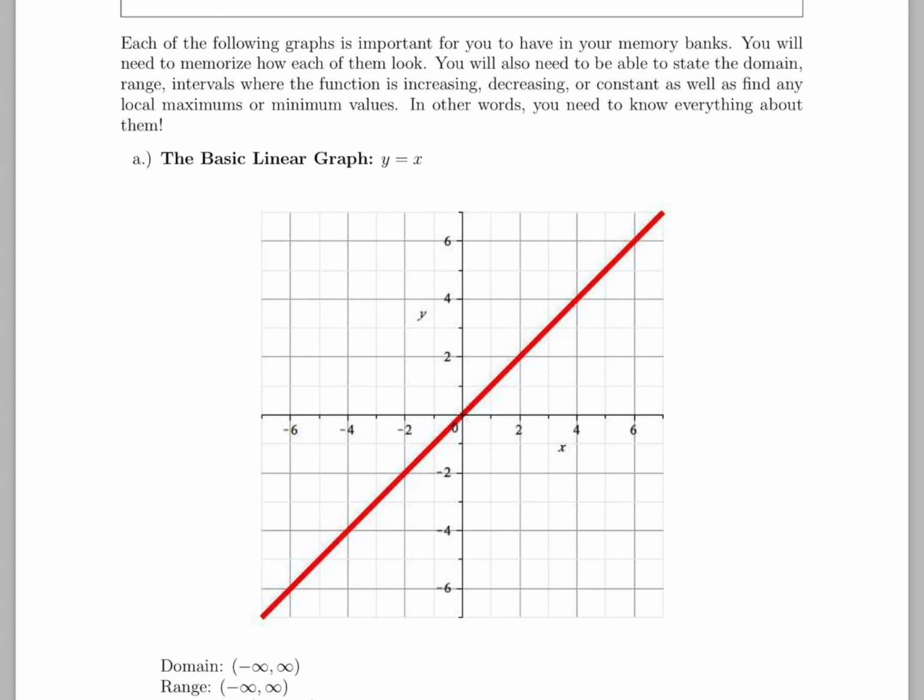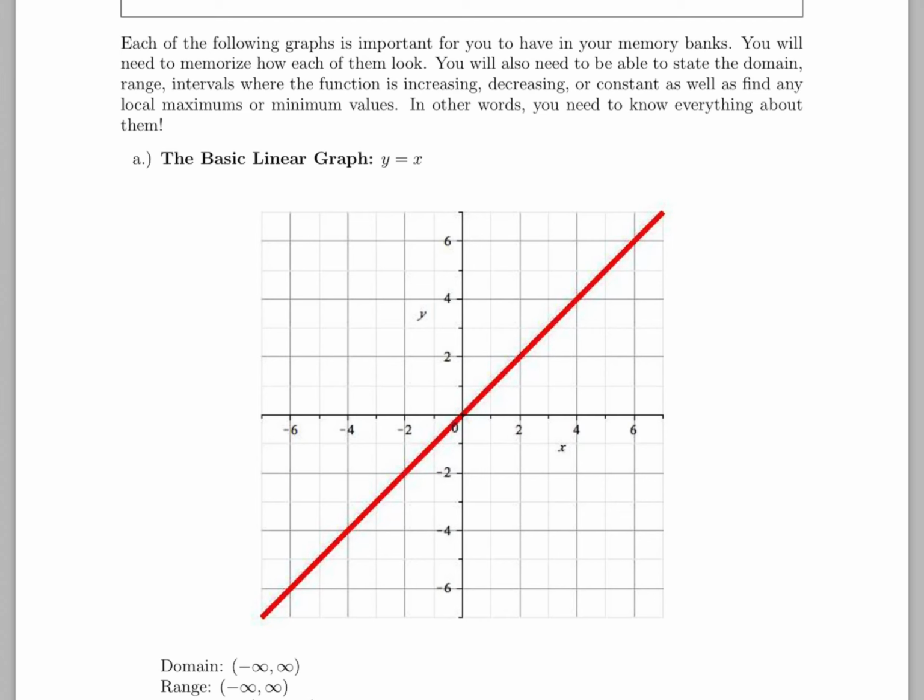So our domain we see here is negative infinity to infinity. Our range would be all of the function values that we get whenever we plug in an x value. Well, here y is equal to x for this linear graph, so that tells me that the range, again, is all real numbers, negative infinity to infinity.